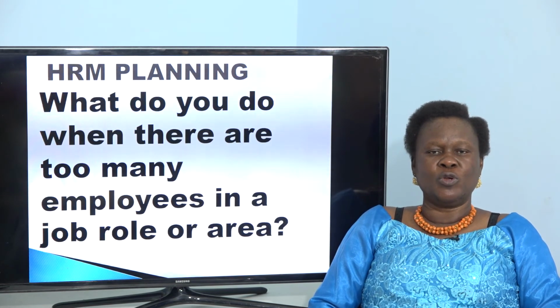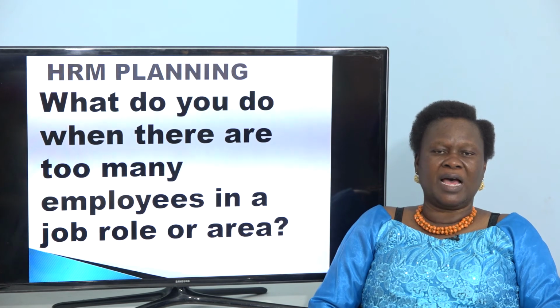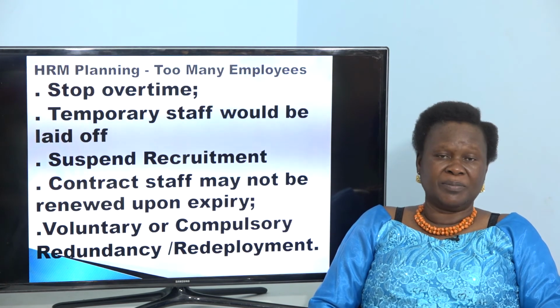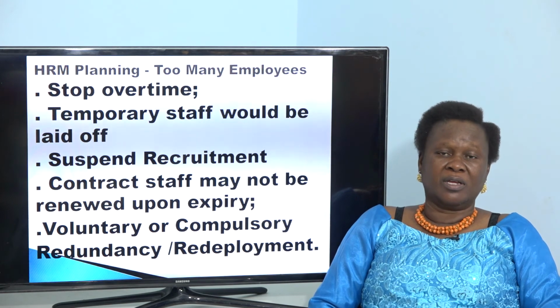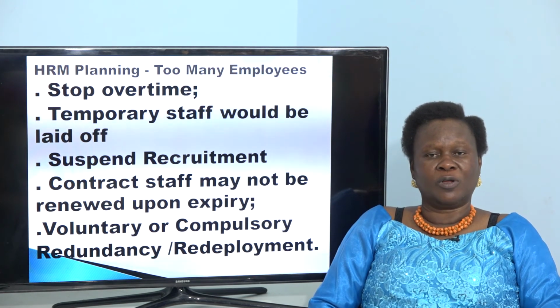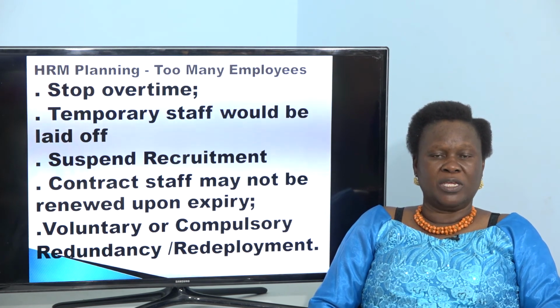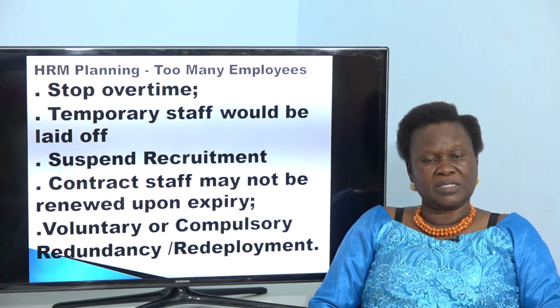In planning, what do we do when there are too many employees in a job area? We stop overtime, we lay temporary staff off, we suspend recruitment, we do not renew contract staff upon the expiry of their contract, we put in voluntary redundancy, redeployment.